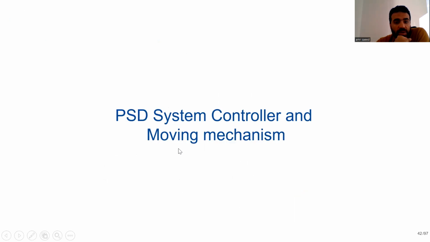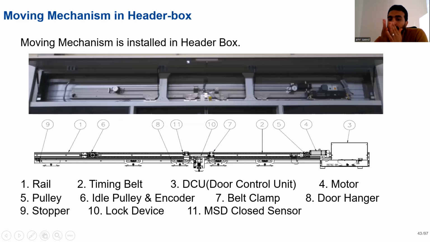Okay, the third part we have today, PSD system controller and the moving mechanism. We saw it before. This is the component of the header box. We can see it again. Here it is the rail, the timing belt, which is responsible for moving the MSD.